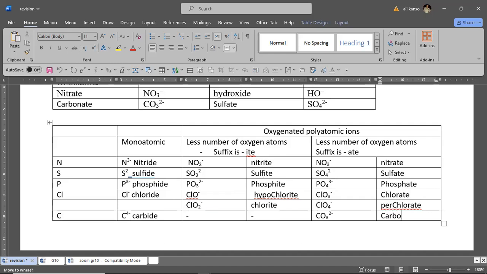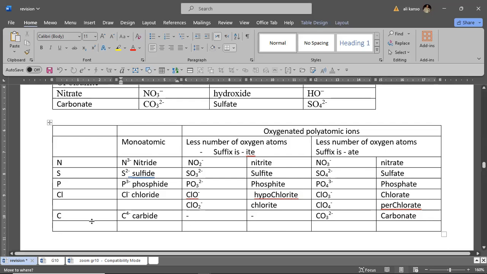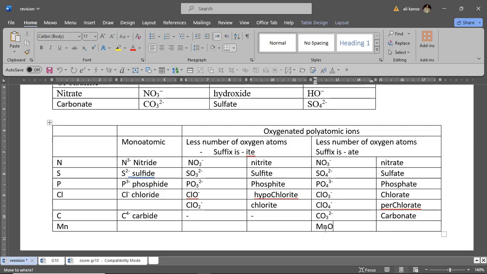There is no carbonite. Also, we have MnO4 minus, we call it permanganate.